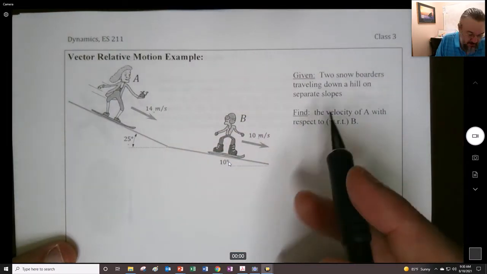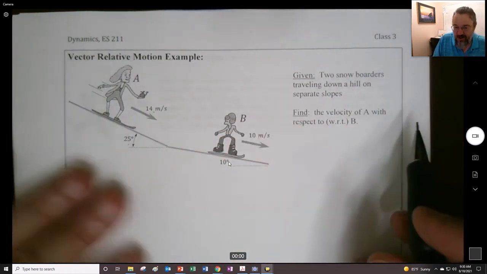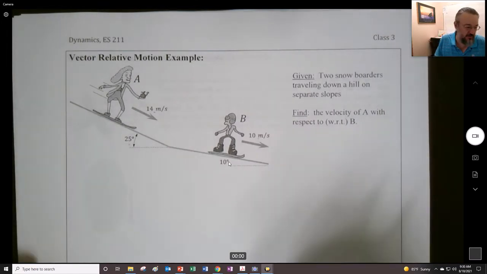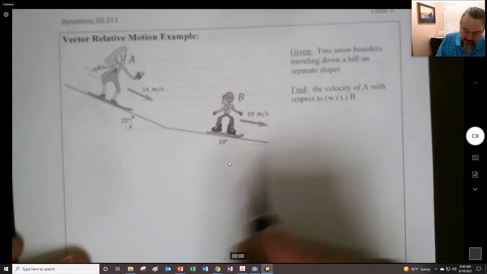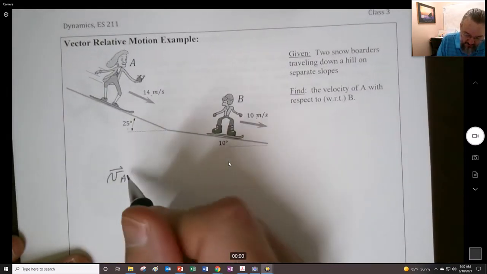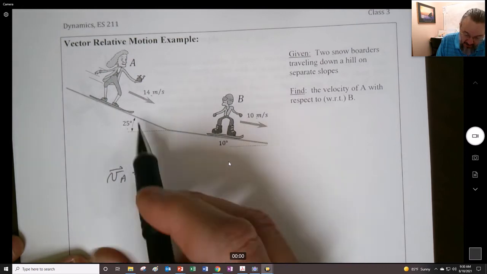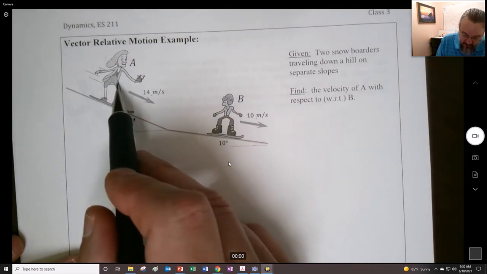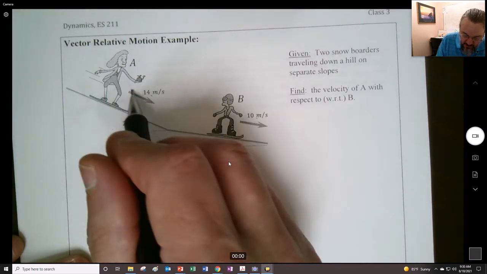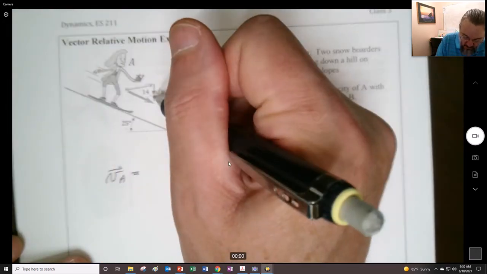So you could do this by way of triangles, or you could do it by components. I think it's better to do it by breaking it into components. So let's just take Newt Dog, and we'll say his velocity, well, he's going in this direction along the slope, so he's got an x component and a y component.